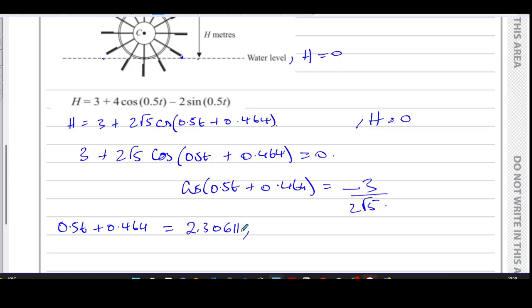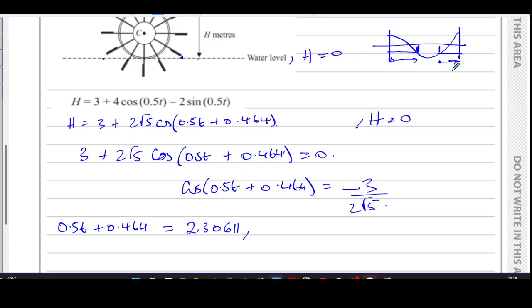Now, how do we find the other time using the cosine curve? Well, we know that the cosine curve looks like this. We found one value over here because it was negative. That's what our calculator just gave us: 2.3061 in radians. That's the value of the angle we just found. Now there's another angle over here which shares the same cosine ratio, and it's related to this angle because this distance is the same as that distance.